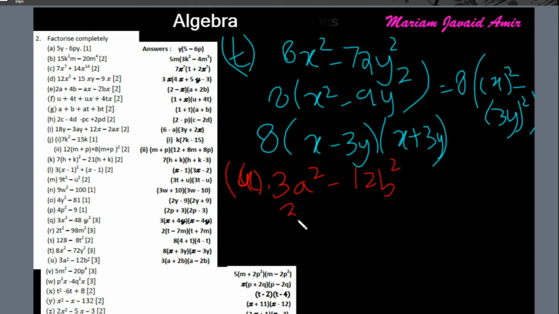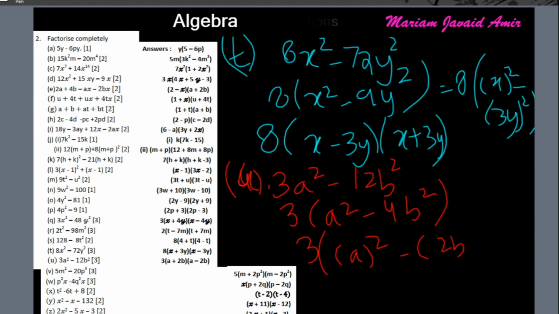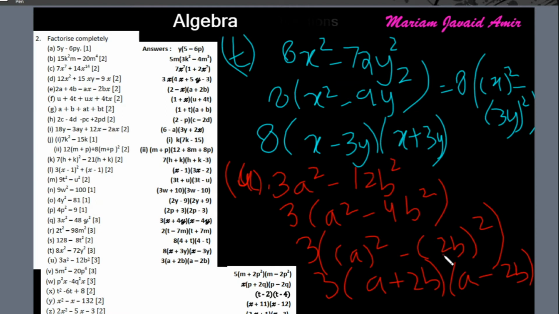So if I take 3 outside, I'm left with a square minus 4b square, and I can write this as 3 times (a) whole square minus (2b) whole square. So this is equal to 3(a plus b)(a minus b). So b here was 2b, so we get this answer. This is part U, 3(a plus 2b)(a minus 2b).